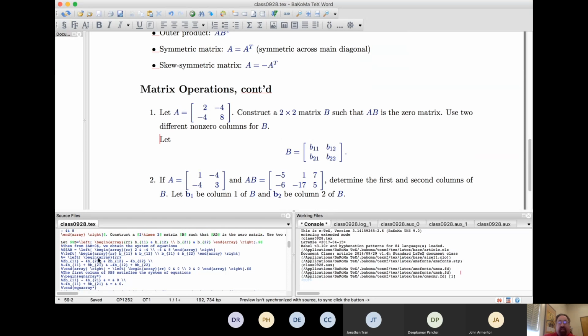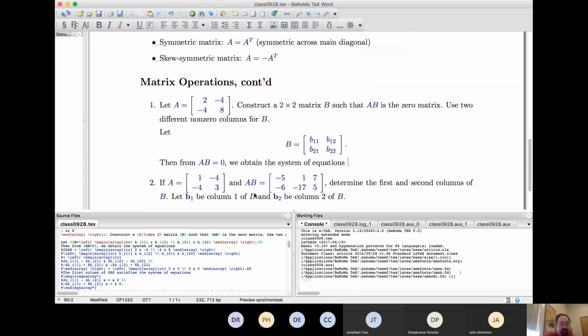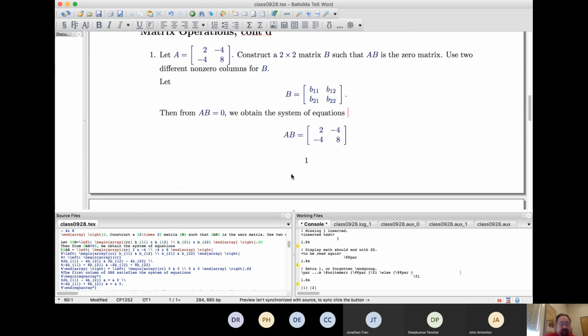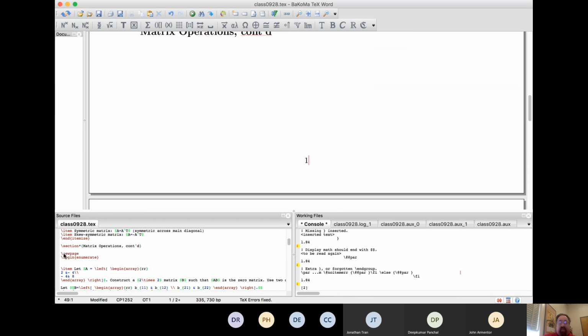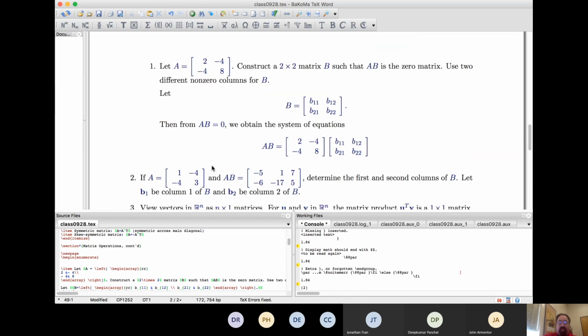Okay, so if I write out the product of this A and this B, all right, so here's A times B written out. Actually, let's move this to a new page.